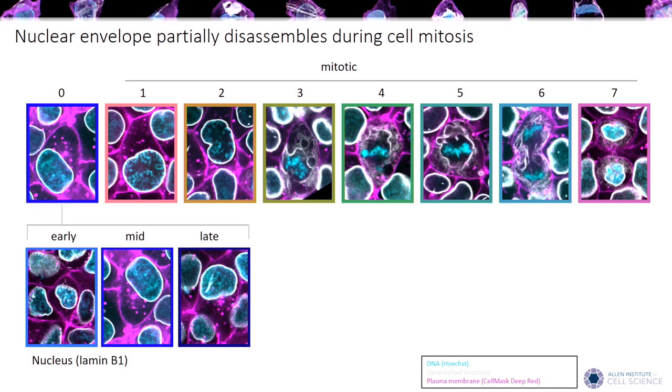And based on time-lapse movies that we took of the lamin B1 gene-edited cell lines, we can even differentiate interphase into 3 more interphase stages. We have an early one where we see lamin B1 spots within the nucleus and outside the nucleus. We have a mid-interphase stage where we just see a nice nuclear envelope, and we have a late interphase stage where we start to see lamin invaginations.